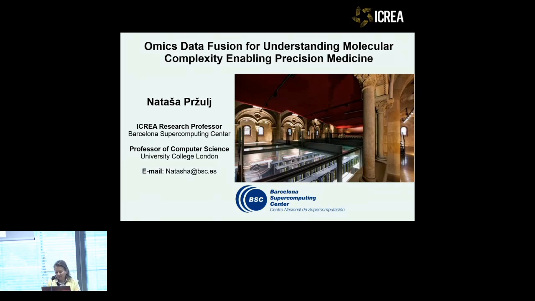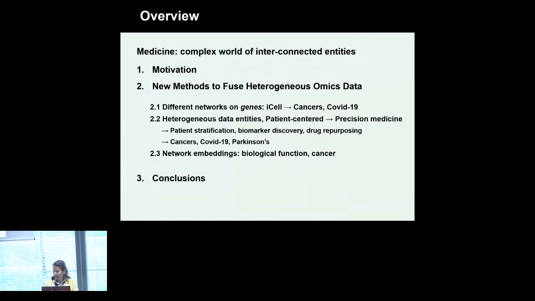So today I will talk about some things that are different from my previous talks, in particular data fusion of different types of data. I will just briefly motivate, because motivation is not needed here, and then I will talk about new methods on how to fuse multi-omics data.